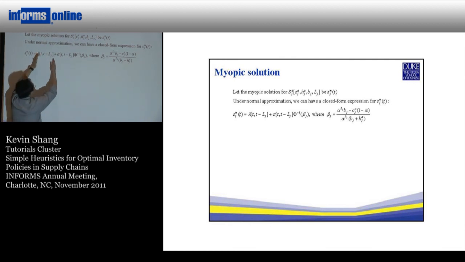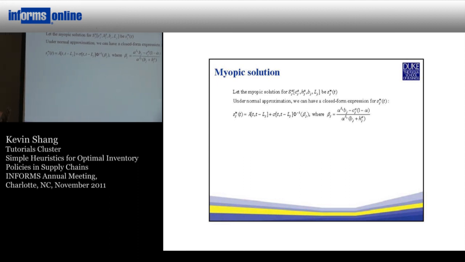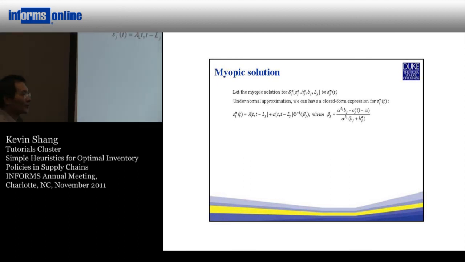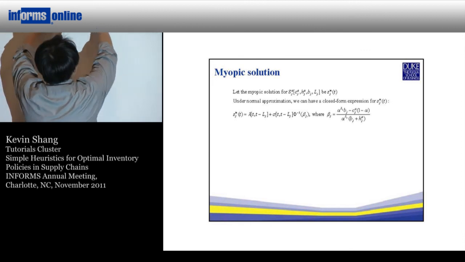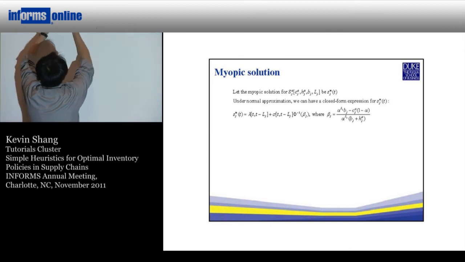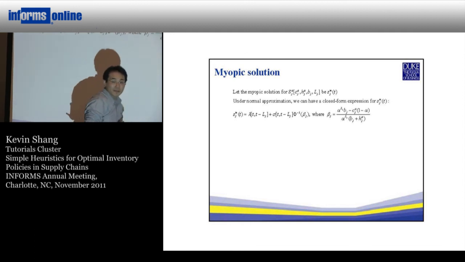So you should consider the lead time demand in the next L periods plus some safety factors, and these are the corresponding parameters. Again, this is myopic, but managers can easily use it, because as time moves on, if you have seasonality and demand goes up, you should adjust your base stock level accordingly.